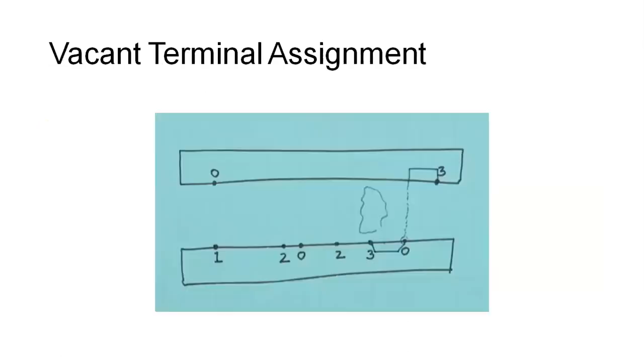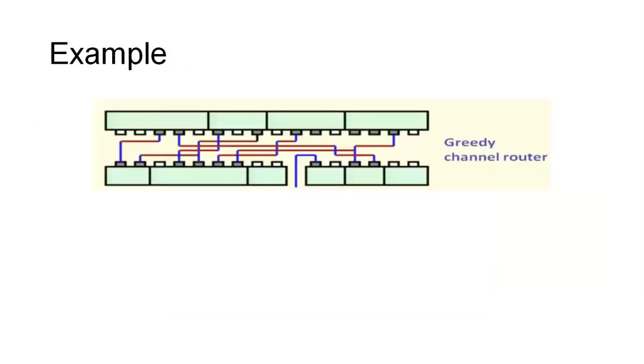This is a practical example which will give you an idea how this is done. Let us say this is a typical snapshot of the standard cell design cycle. Here I have four cells which are placed: cell 1, cell 2, cell 3, cell 4. Here 6 cells are placed.